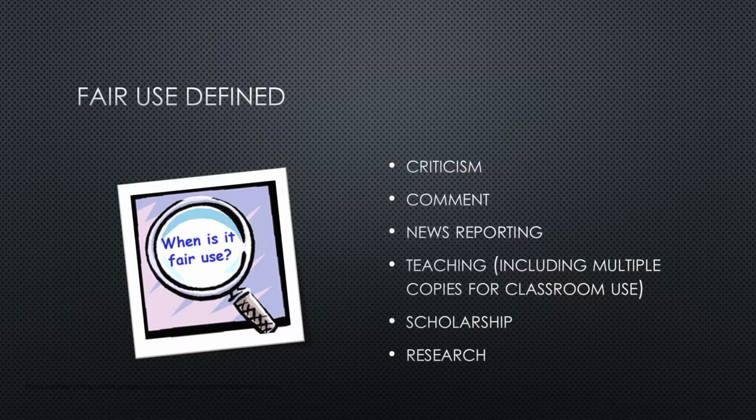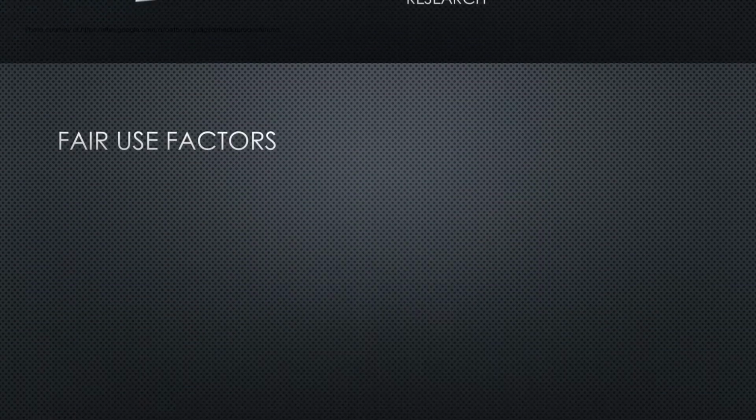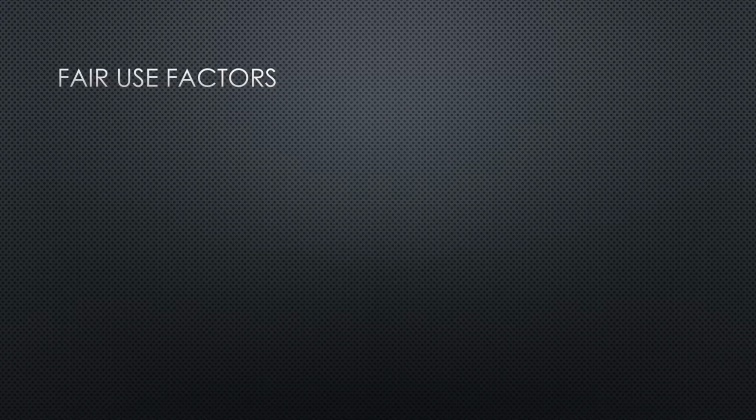So much of what we do in the classroom depends on this exception, but here's the catch. Fair use is not a blanket excuse for the use of all materials, even if it is in the classroom. Each use must be weighed against the 4 fair use factors. Copyright law dictates that each use be evaluated against these 4 factors.